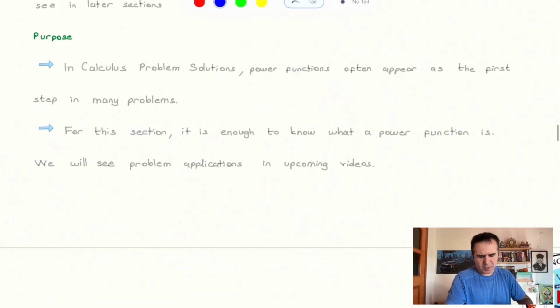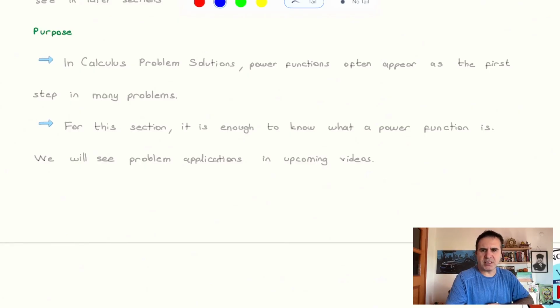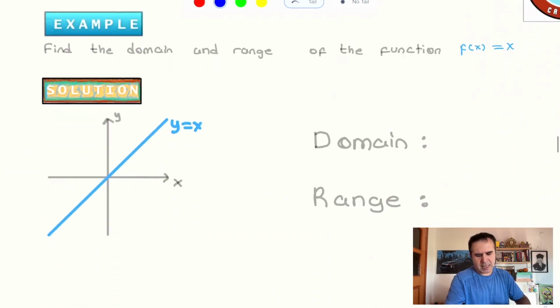In calculus problem solutions, power functions often appear as the first step in many problems. For these sections, it's enough to know what a power function is. We will see problem applications in upcoming videos.